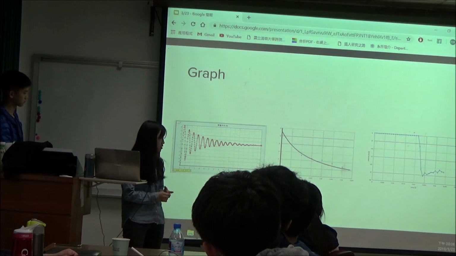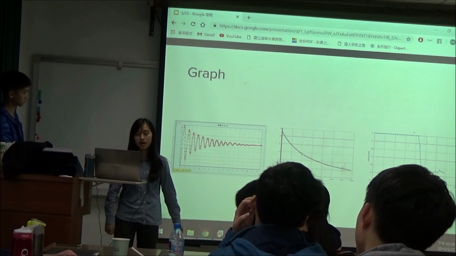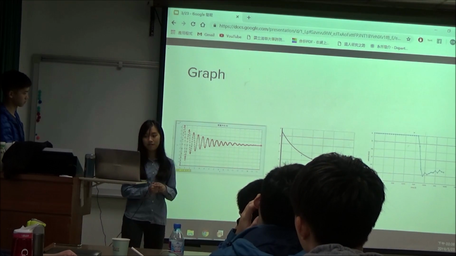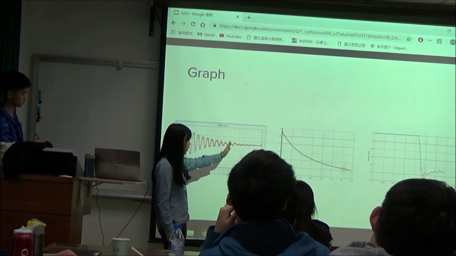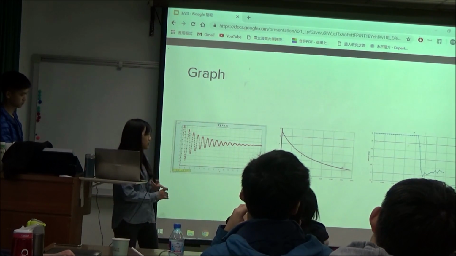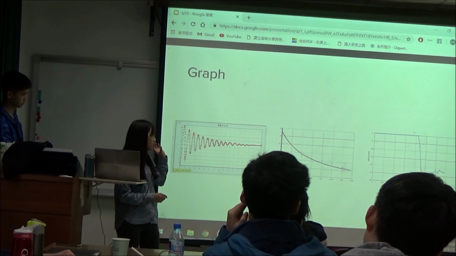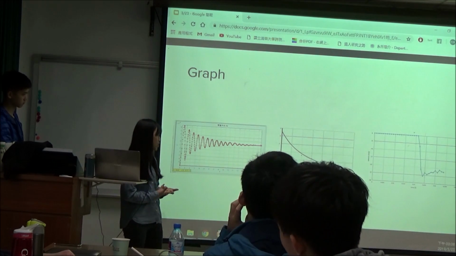The second one is the most commonly seen graph in TYPT. I can tell that this kind of graph is not really a graph. It doesn't have labels for the x-axis and the y-axis, it doesn't have the units, and it doesn't have the error bar. A graph without labels is just not a graph, because nobody can understand what you are demonstrating.